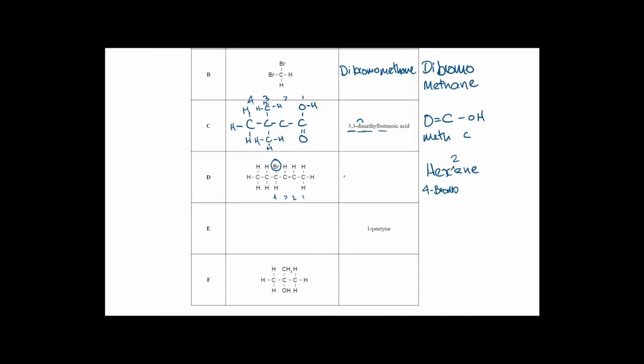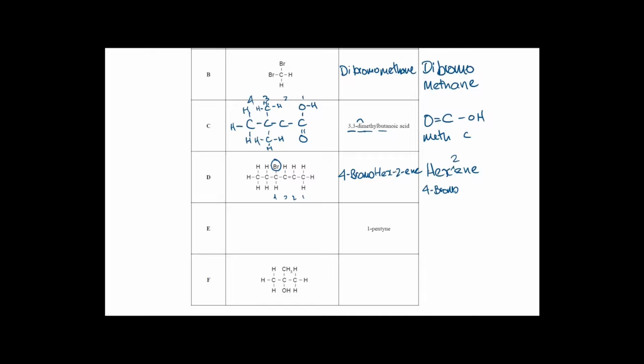So I think that's it. So it's going to be 4 bromo. And then we have to say that there are 6 on this longest chain. And on the second carbon is the ene, the double bond.